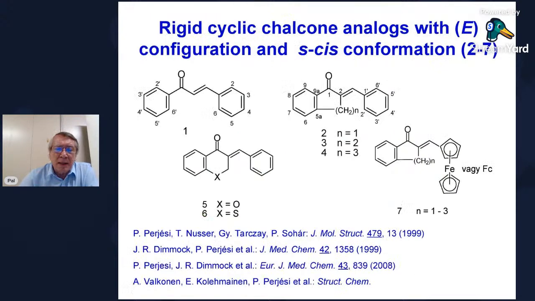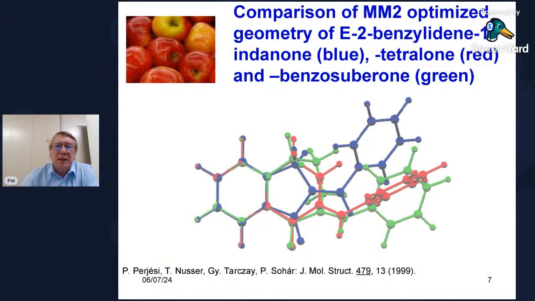Why synthesize and why analyze cyclic chalcones? As we can see on these molecular mechanics calculations, the three-dimensional structure of the chalcone analogs with 5-membered rings, the blue one, with 6-membered rings, the red one, and with 7-membered rings, the green one, is fairly different.